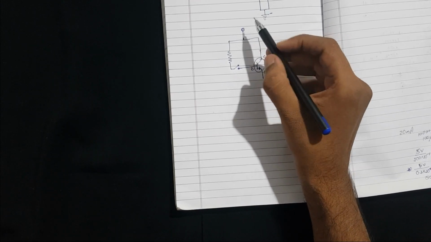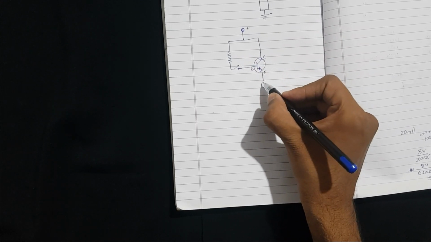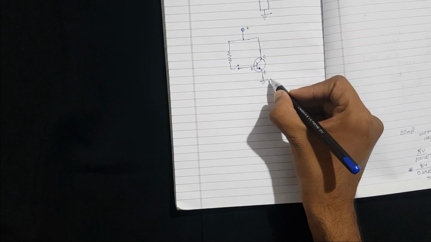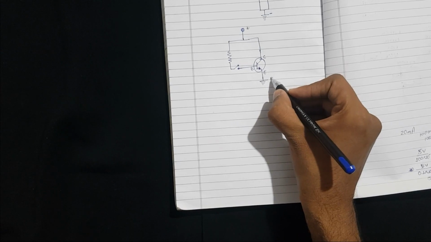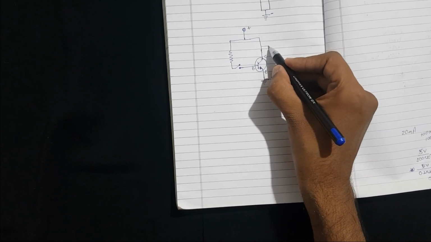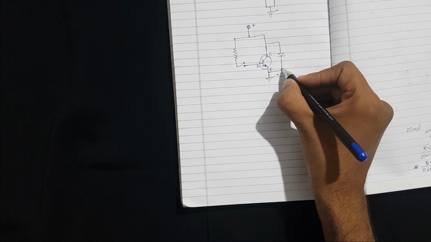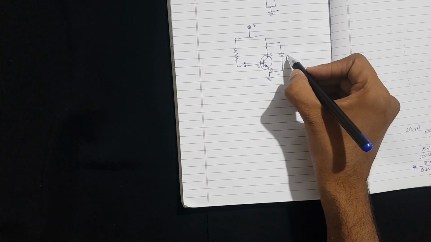The collector is connected to the positive terminal of the battery. The emitter is connected to the negative terminal of the battery, and then again we will connect the LED in parallel with our collector and emitter terminal.